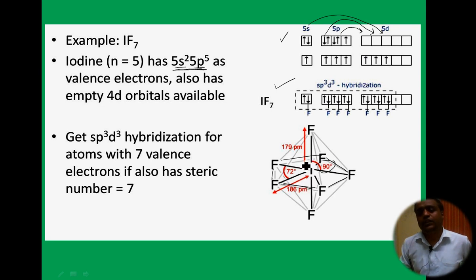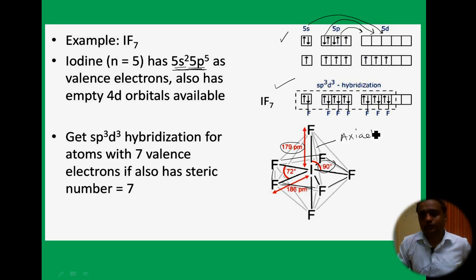The only thing is that the axial IF bond is a little bit shorter than the equatorial bond. This is the only difference, otherwise it is a very regular pentagonal bipyramidal.